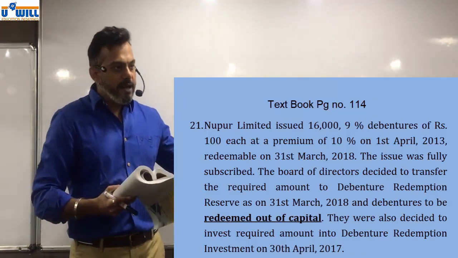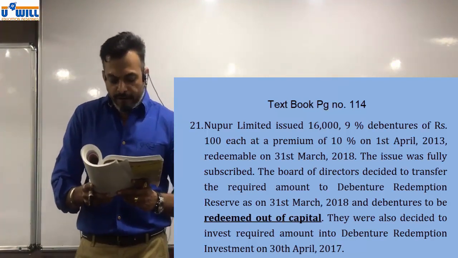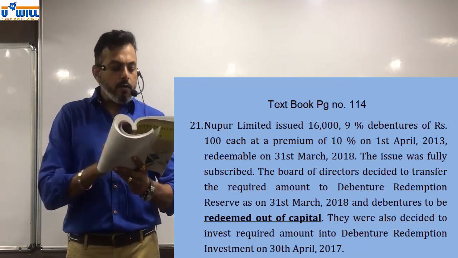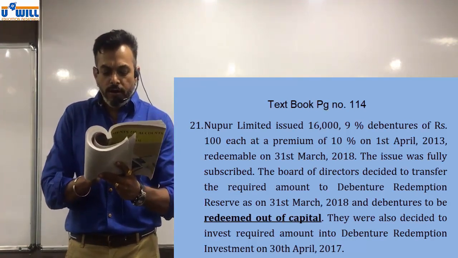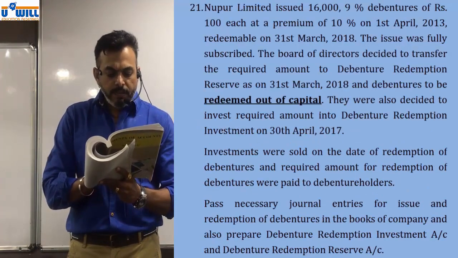There are various methods. उसमें से this is one of the methods. Out of capital. They also decided to invest required amount into debenture redemption investment on 30th April 2017.